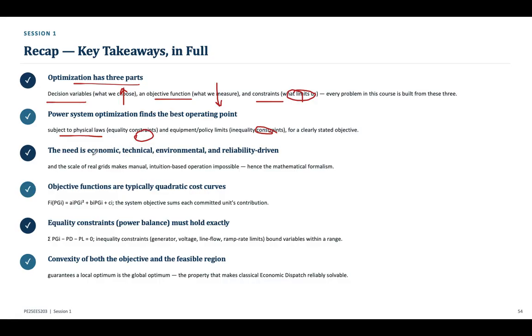The need is economic, technical, environmental and reliability driven, and the scale of a real grid makes manual, intuition-based operation impossible.